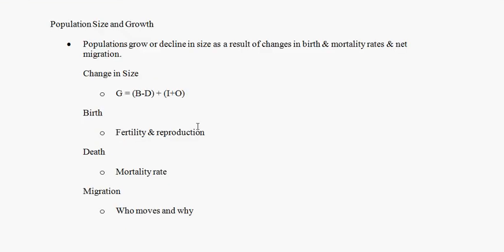Birth rates, fertility, and reproduction come next. The number of female children we have, for example, divided by the number of women capable of bearing children, gives us a reproductive rate. In the US, we are heading towards 0.